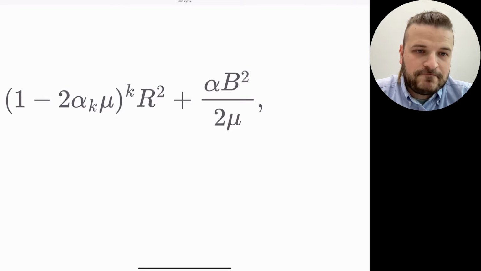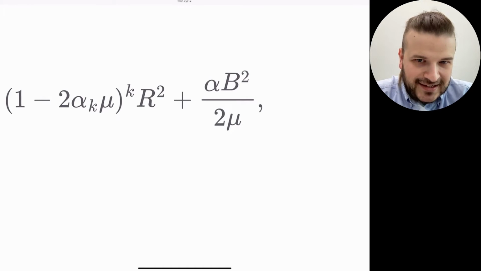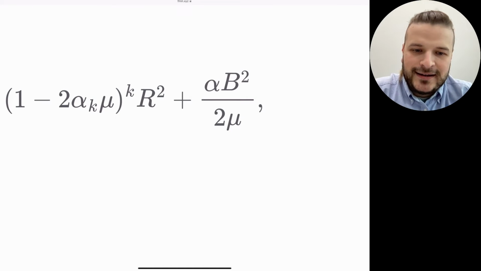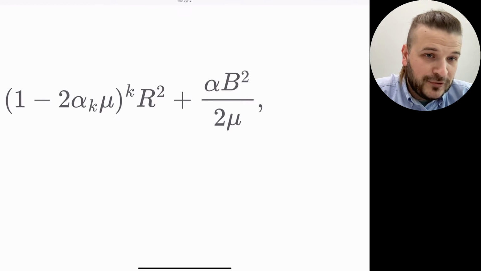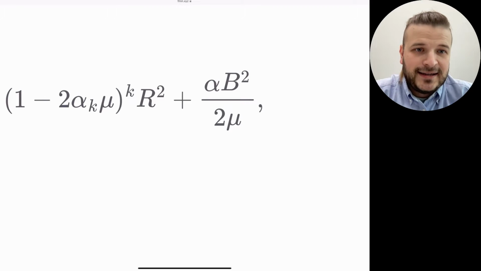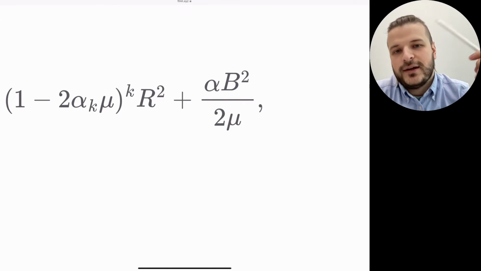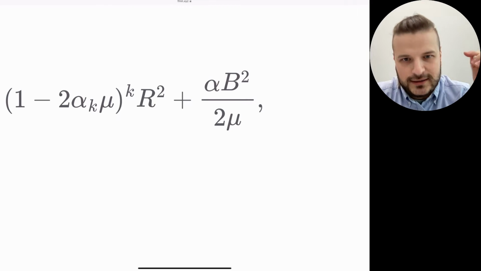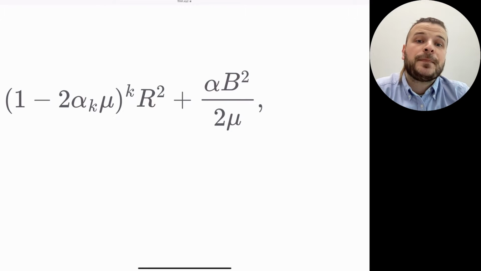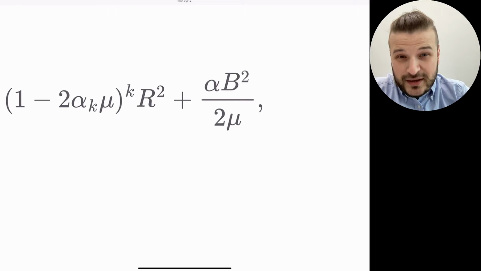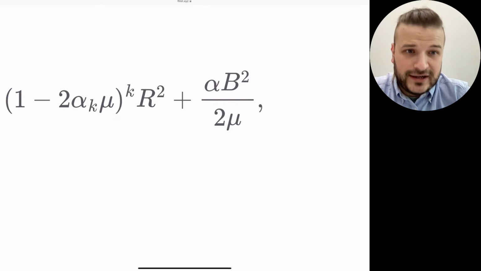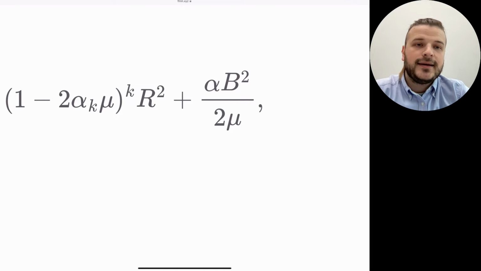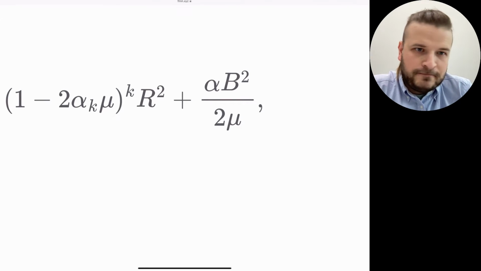This radius strongly depends on the learning rate, the step size, as well as, for example, on mu and B. But mu and B are function characteristics and typically can't be changed.